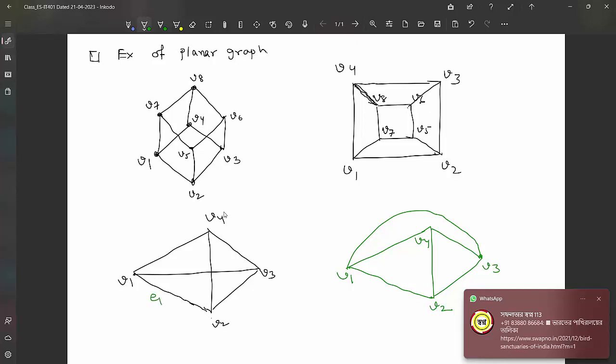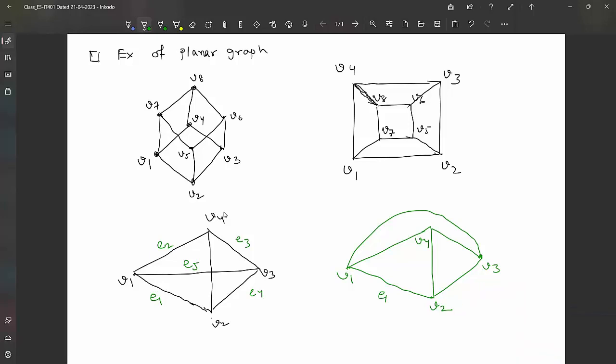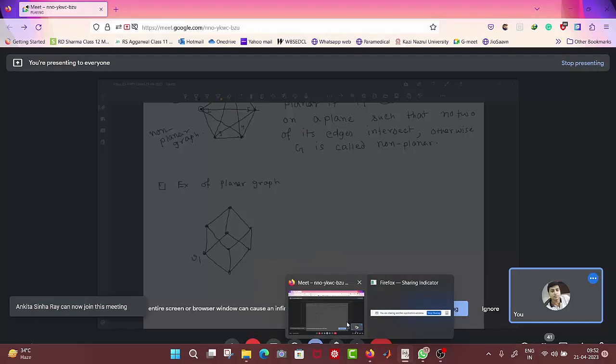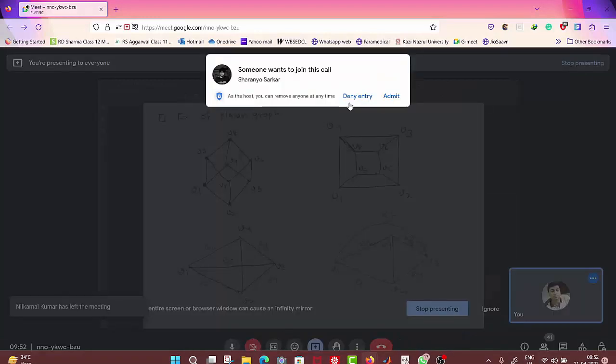If this is e1, this is e2, this is e3, this is e4 and this is e5, then we preserve e1, e2, e3 and e4, and we just change this line from here to here, but we preserve all the vertex relations. That means the incidence matrix relation and the adjacency relation. We preserve all the relations.